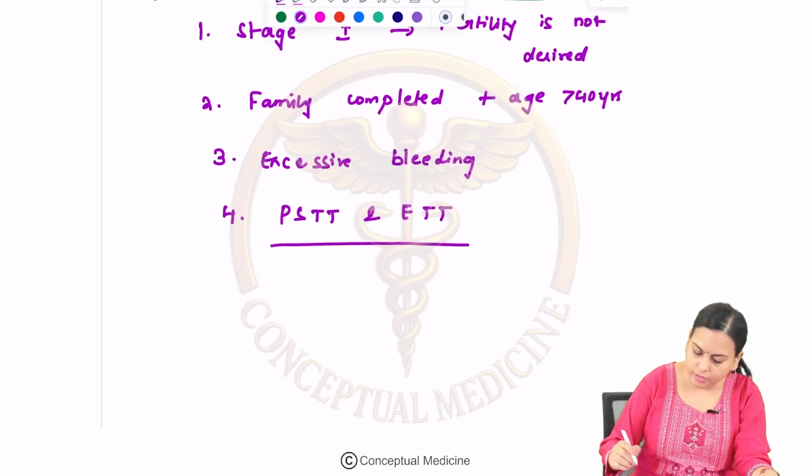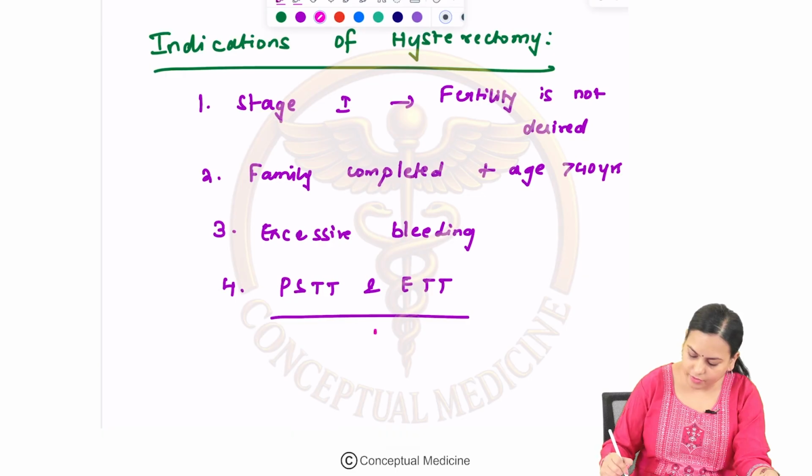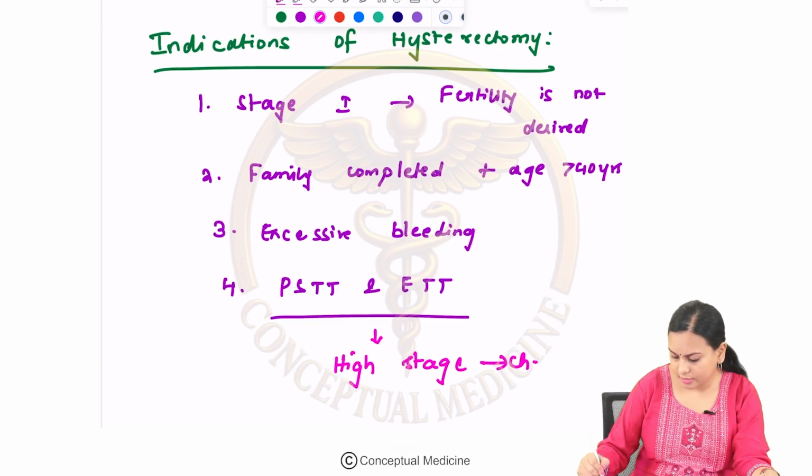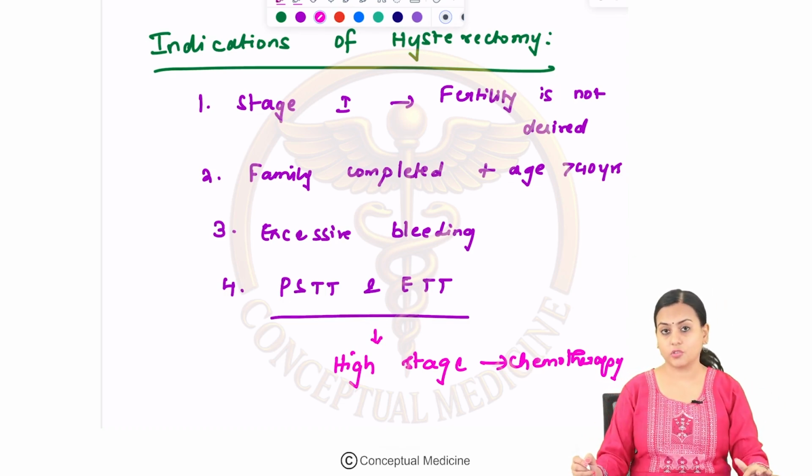Okay, so if these two tumors have a very high stage of presentation, then you can even add chemotherapy. Clear? So these are the indications of hysterectomy.